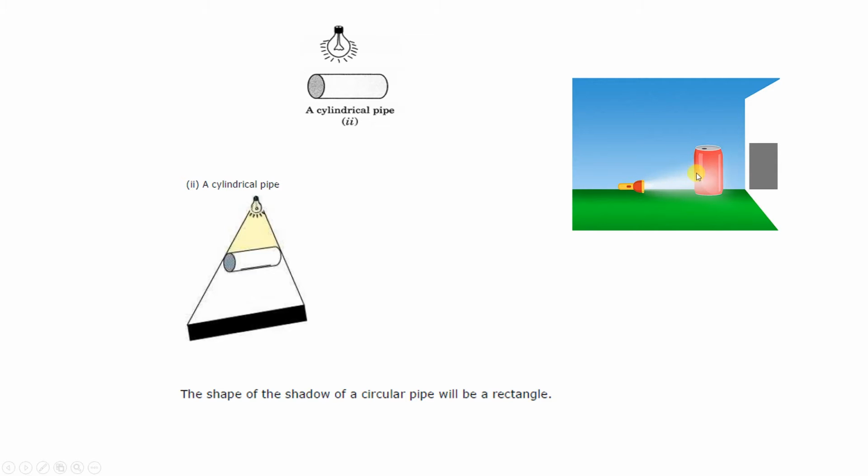Now when we use a torch and radiate the light of the torch on the can, which is one kind of cylinder, its shadow is also a rectangle. So for any kind of cylindrical pipe, when the bulb is radiating its light on a cylinder, we get the shadow of a rectangle. So the shape of the shadow of a circular pipe will be a rectangle.